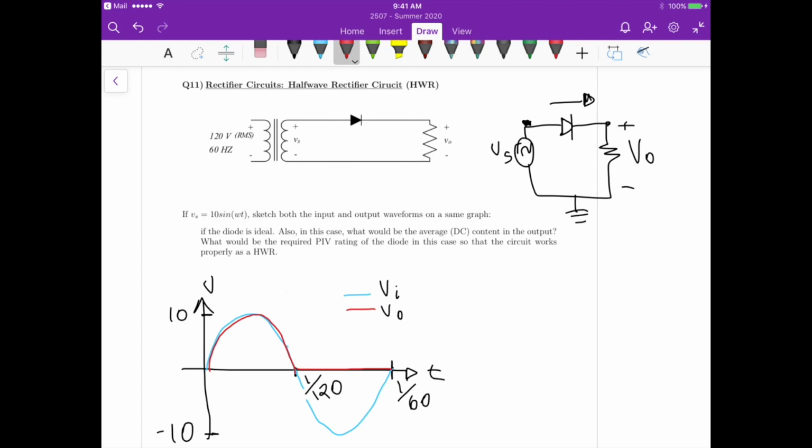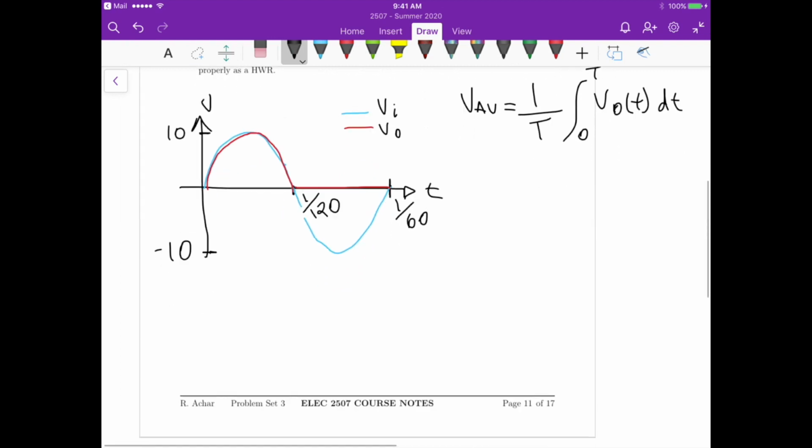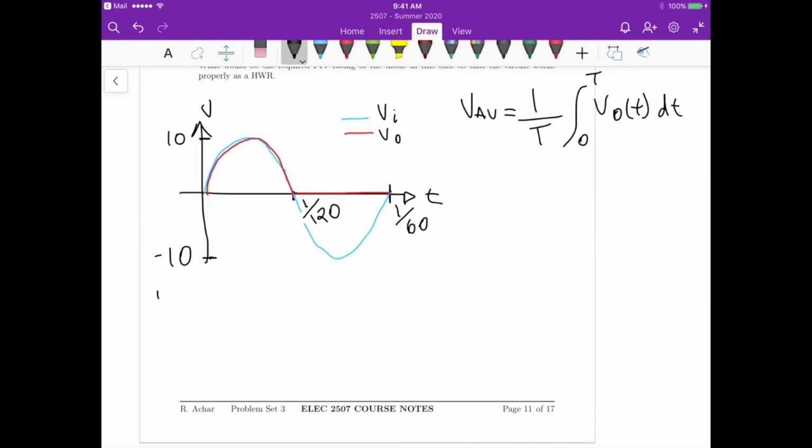So the V average is 1 over the period, integral from 0 to the period, of our output v out of t dt. The period is 1 over the frequency, so 1 over 1 over 60 just becomes 60.